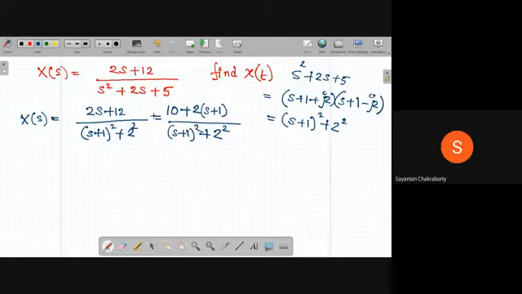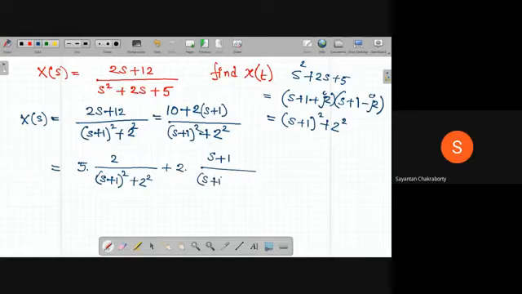So after slight modification, what you'll get is 5 into 2 upon (s plus 1) whole square plus 2 square, plus 2 into (s plus 1) divided by (s plus 1) whole square plus 2 square.